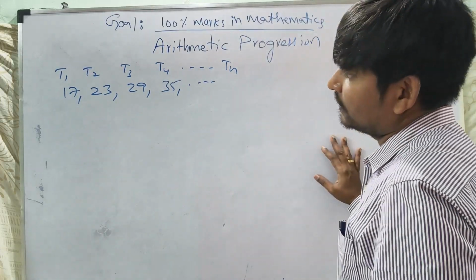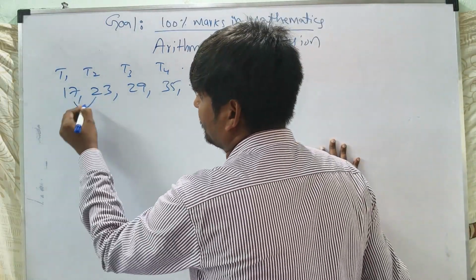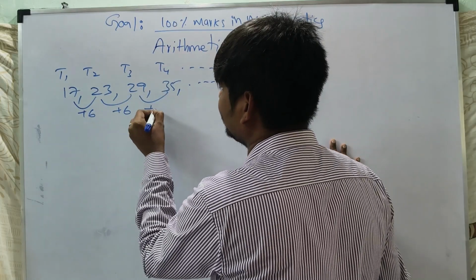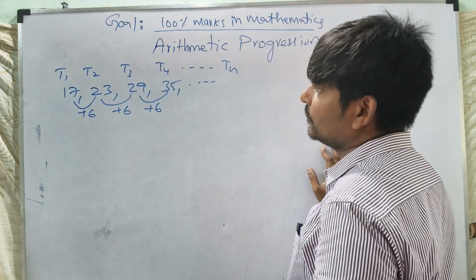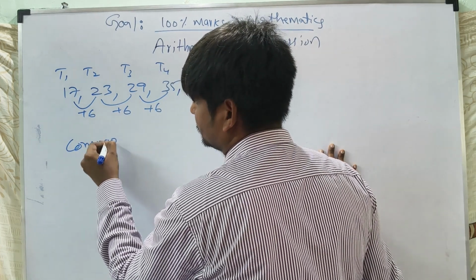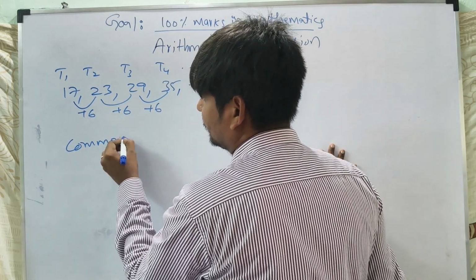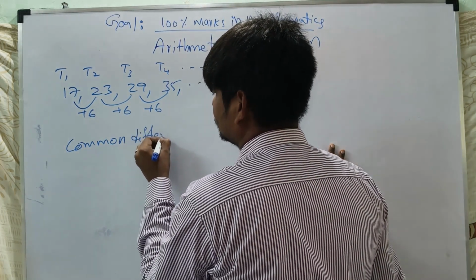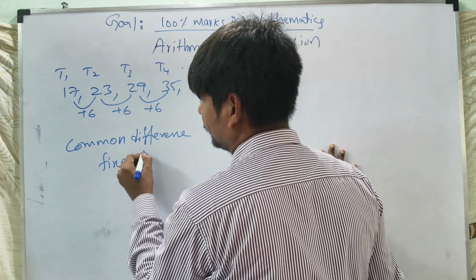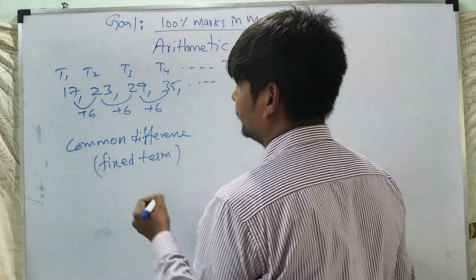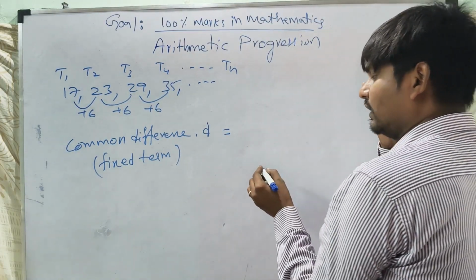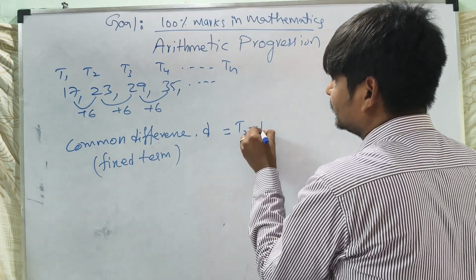Now here to here we are adding by how much? Plus 6. Here to here, plus 6. Here to here, plus 6. Yes or no? This fixed term is the common difference, denoted with small d. d is equal to t2 minus t1.